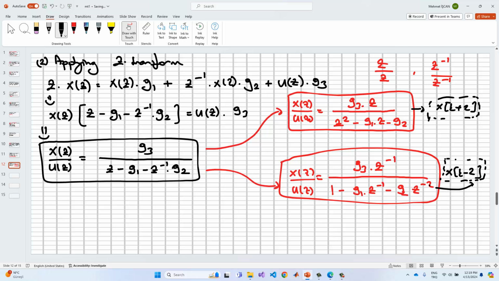Okay, and so another point is that if we have this equation in here, we can check the stability of the system.